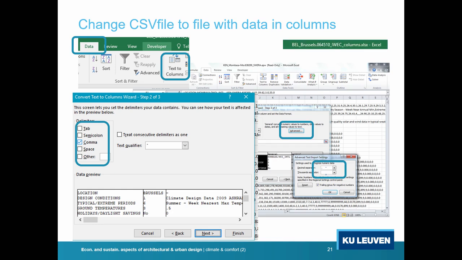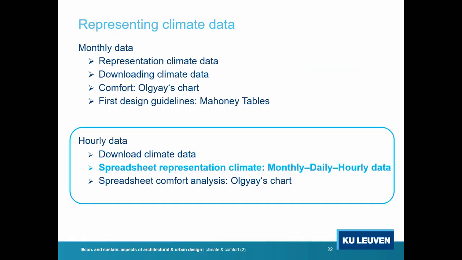And then you can save your file once you have done that, but then save it as an XLSX, so an Excel file, not as a comma separated file anymore. Once you've done that, we're going to paste these values in the Excel file that is already on Toledo, and then the graphs are automatically made.